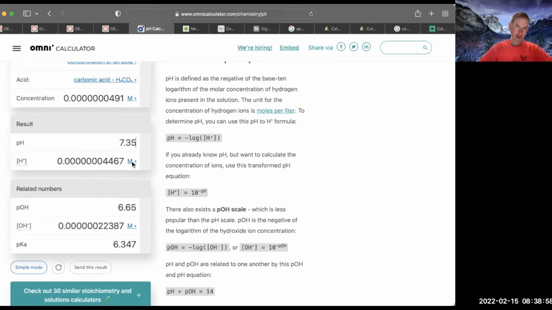So if we convert that into scientific notation, how many times do I have to move this decimal point to the right to get to 4? So I have to move this decimal point 1, 2, 3, 4, 5, 6, 7, 8 times, looks like.